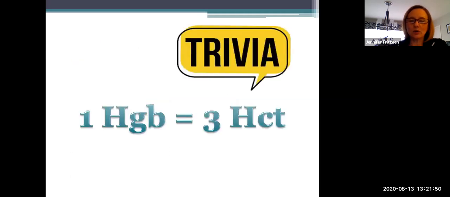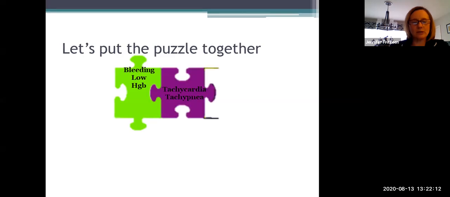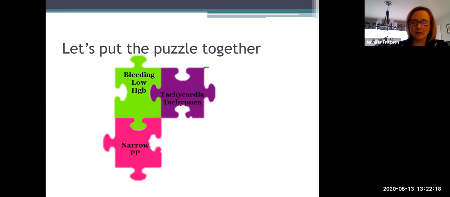And that kind of gives me a little piece of trivia. I don't know if people know this. It was one of those aha moments the first time I heard it. And now every time I look at a CBC, I do the math. 1 hemoglobin equals 3 hematocrit. Every time you look at an H&H, do the math, and it's right. So let's stop and put the puzzle piece together, what we're looking at right now. We have a bleeding patient, so a kid with low hemoglobin. They automatically become tachycardic and tachypneic.